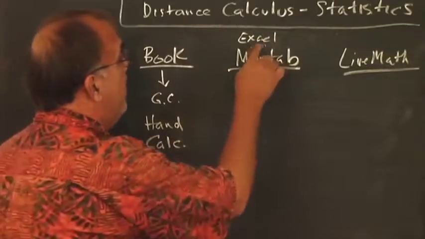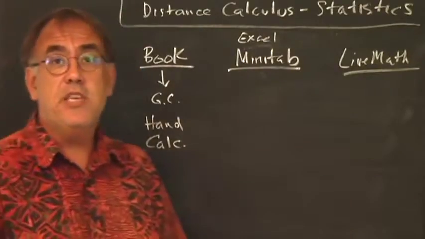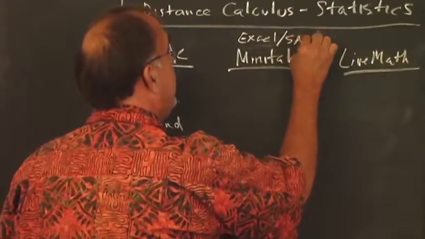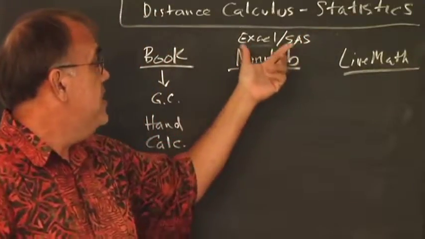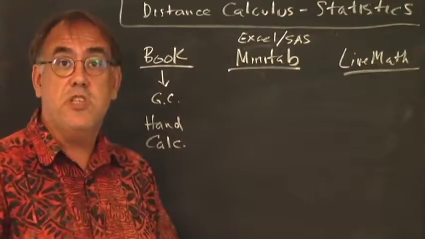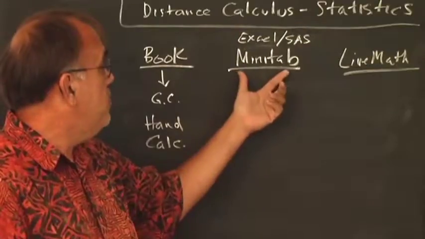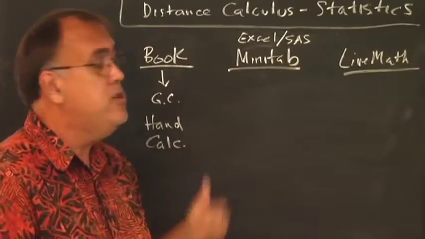The second type of statistics course is a Minitab based course. Minitab is a statistics program. Minitab, SAS. There's all kinds of statistics programs that are specific to statistics. They're very good. A lot of people feel that these are very important softwares for students to learn.